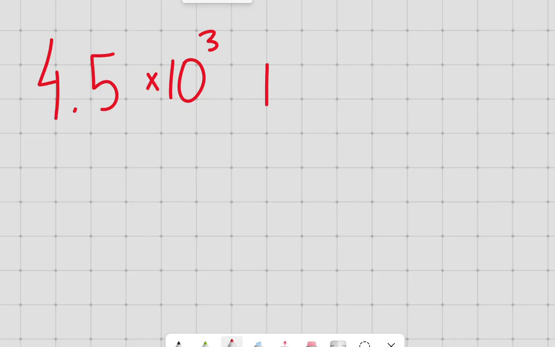Now, we say adding and subtracting numbers in scientific notation. If we have, for example, 4.5 multiplied by 10 to the power of 3, we add this to 1.2 multiplied by 10 to the power of 3 as well. All right.